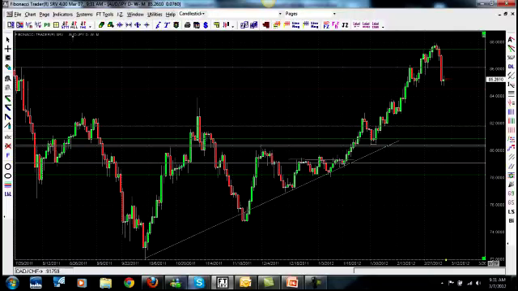When you hold an Australian dollar buy position, you get overnight interest in your account. And the yen has one of the lowest. So when you buy this currency pair, you get one of the highest levels of overnight interest by holding onto a position, the highest of any currency pair.